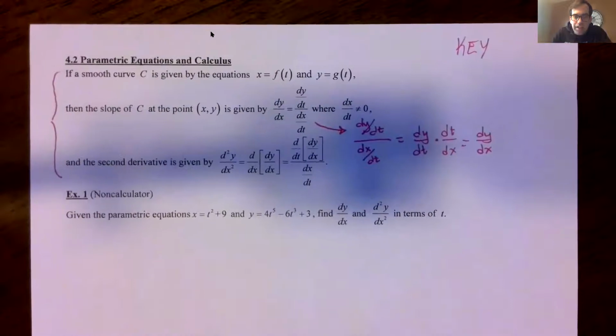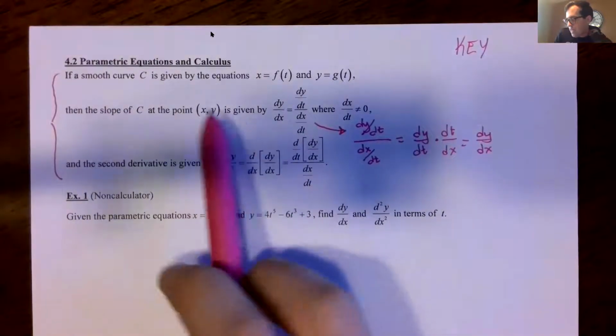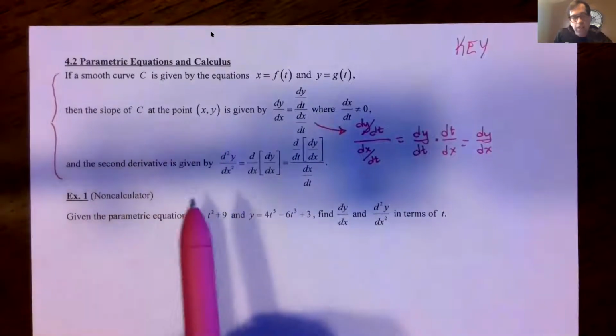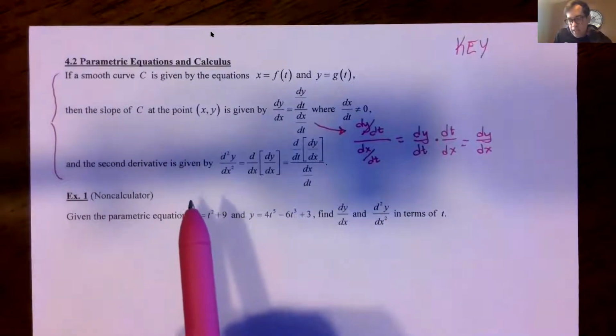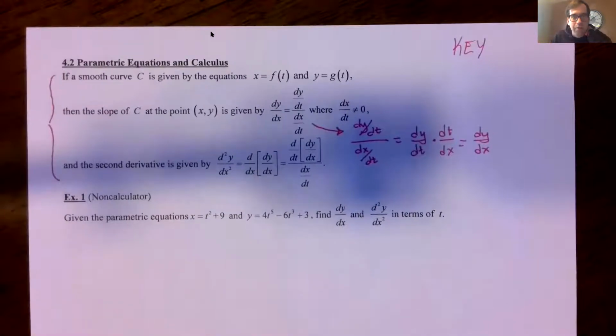But what's actually happening here, or how we're applying this, is that we're going to be able to find a derivative that has a variable t in it, but it's going to represent the slope at the point, just like any normal xy plane equation would have a derivative, right?